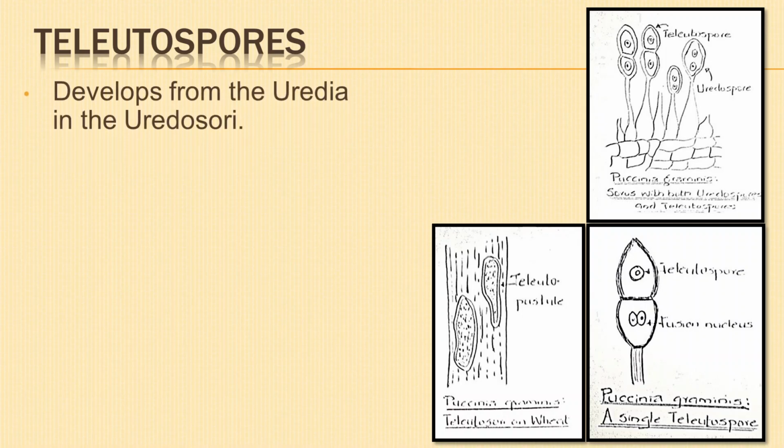Towards the end of the growing season, another kind of spore begins to develop from the uredia in the uredosori. It is the teliospore. This mixed sorus gradually converts into teliosorus.